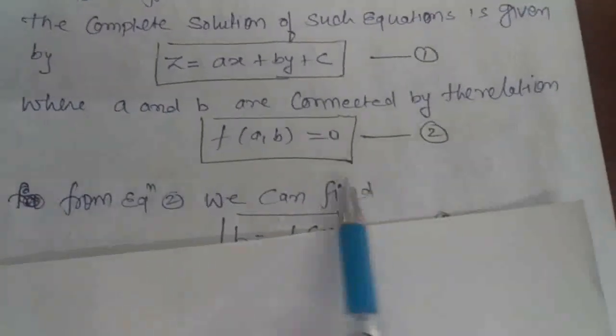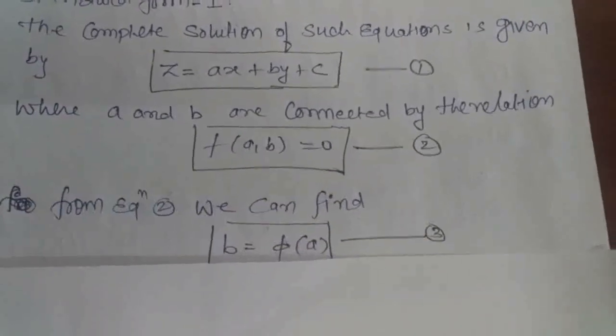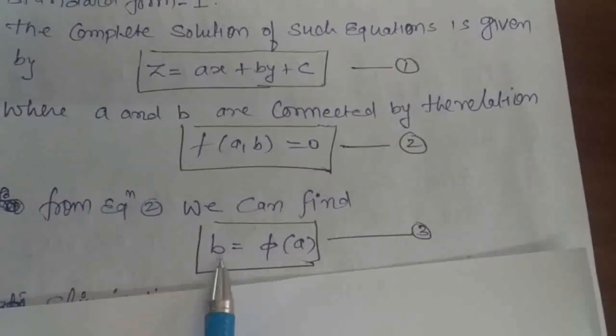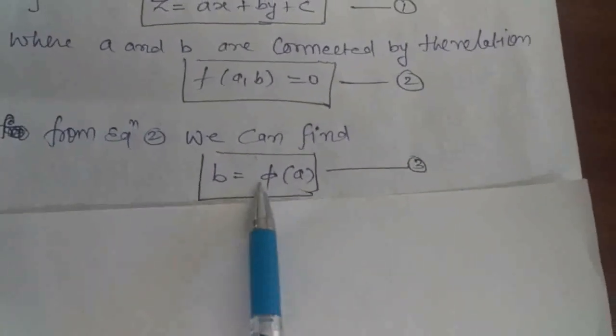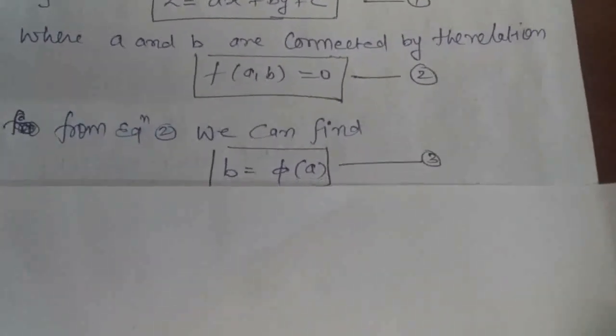This is the relation between the arbitrary constants a and b. Now from this relation, we can obtain the arbitrary constant b in terms of a, that is b = φ(a).